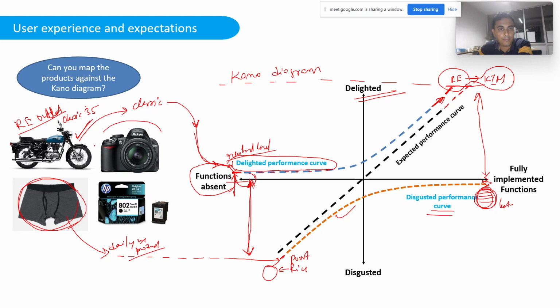Similarly, let's think about a camera. If a camera does not have good features, definitely the user will not like it.